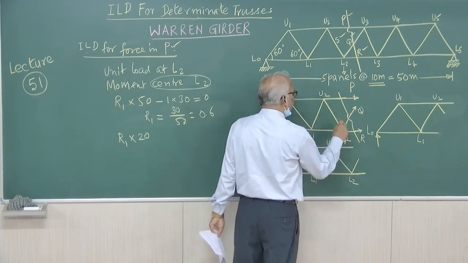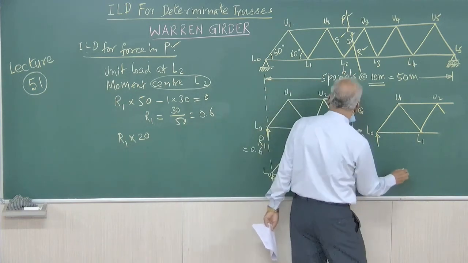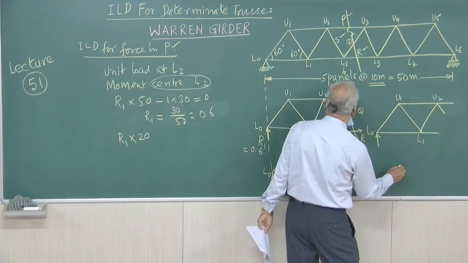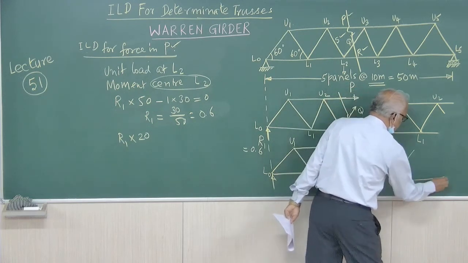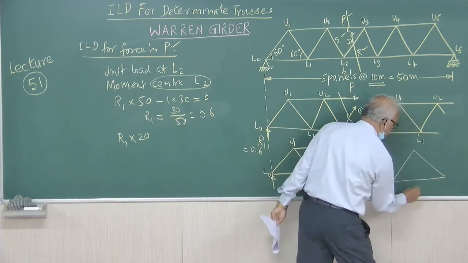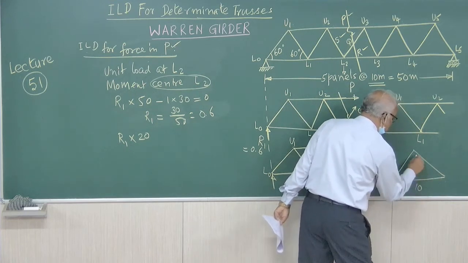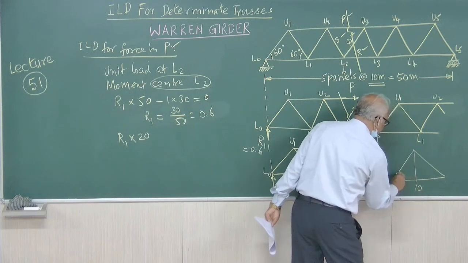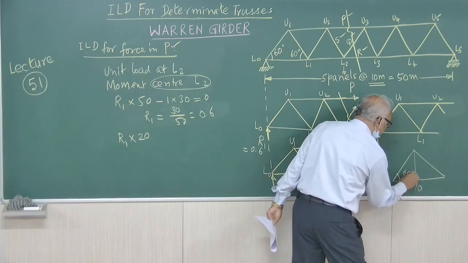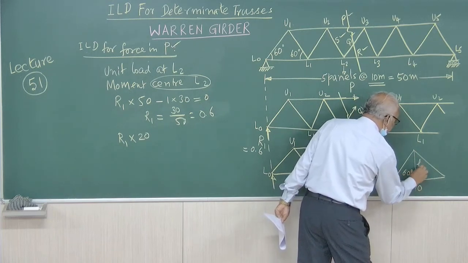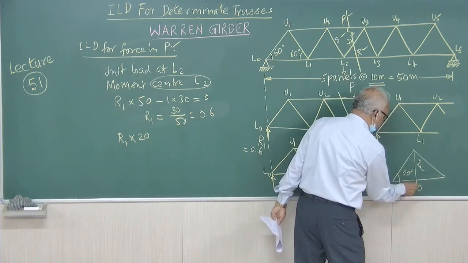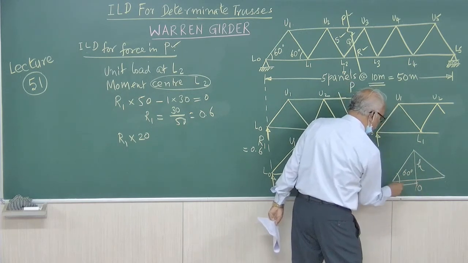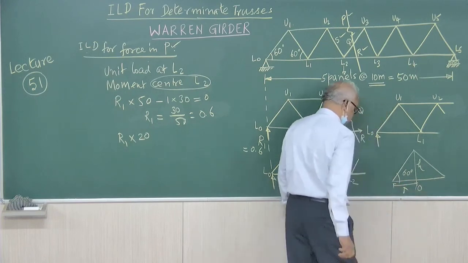To find the vertical height h, the base is 10 meters, half of this will be 5 meters.